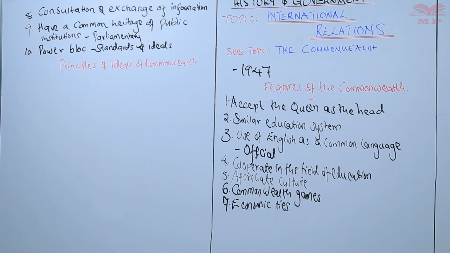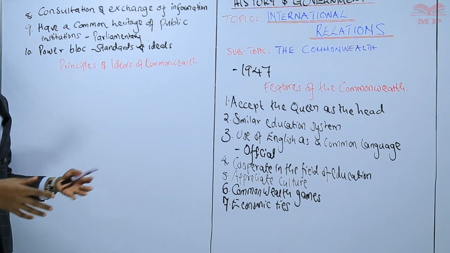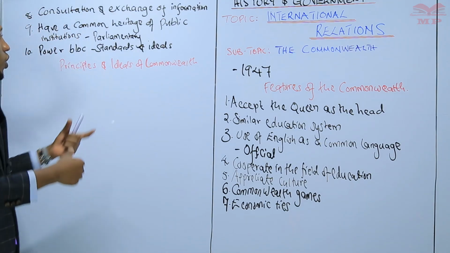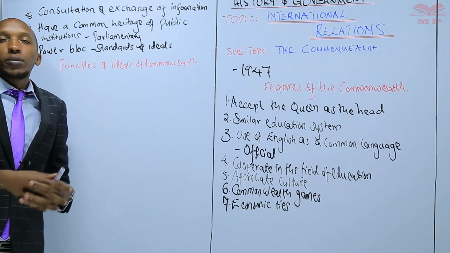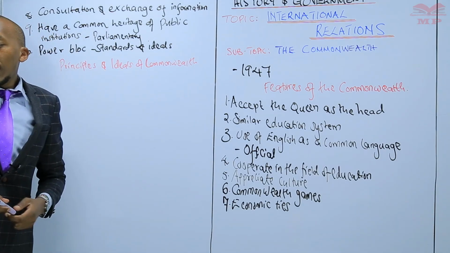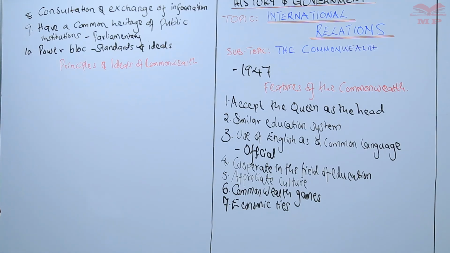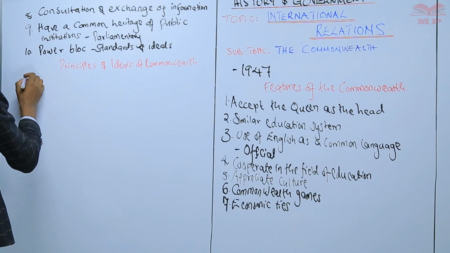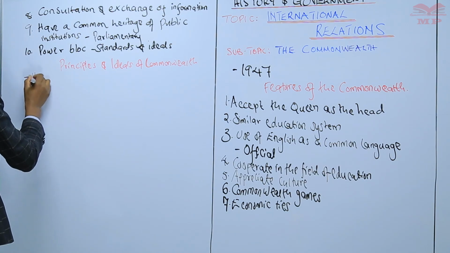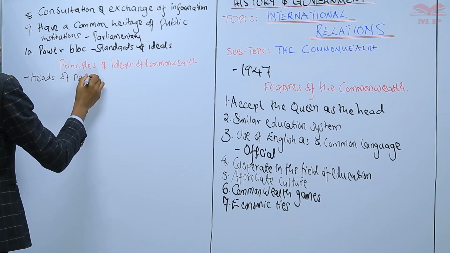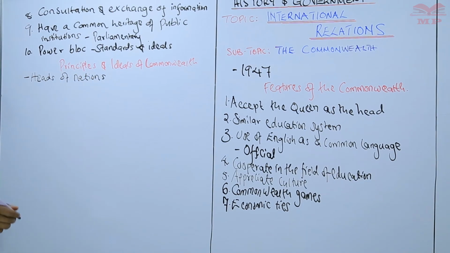What are these principles and ideals that each and every member of the Commonwealth organization is supposed to adhere to and follow? Before we mention them, it's good to note that these were crafted by the heads of nations.